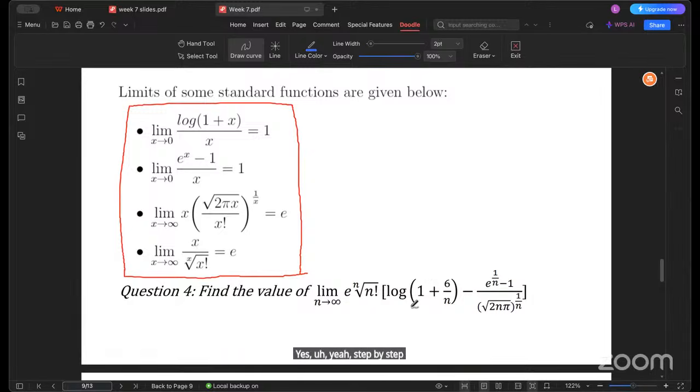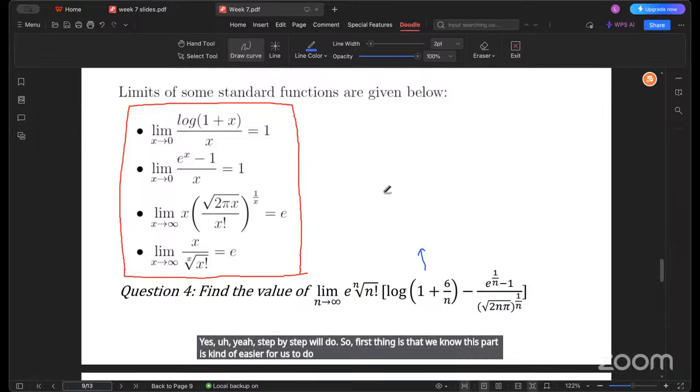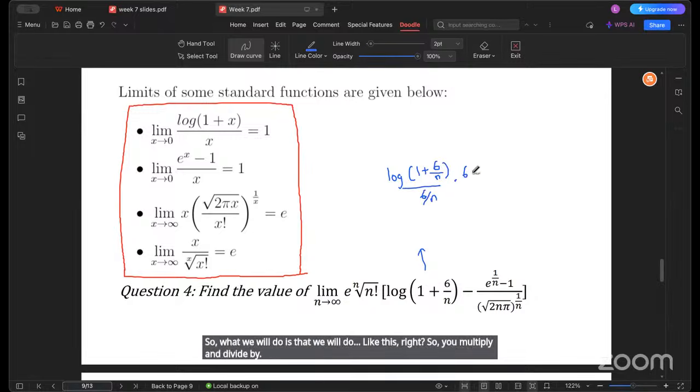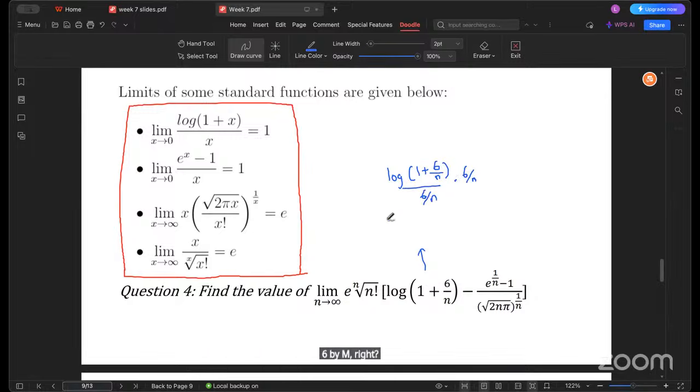So first thing is that we know this part is kind of easier for us to do. So for this part, what will we be doing? You multiply and divide by 6 by n, right? Now what will happen to this part? It becomes 1. This will go to 1 as x goes to 0.